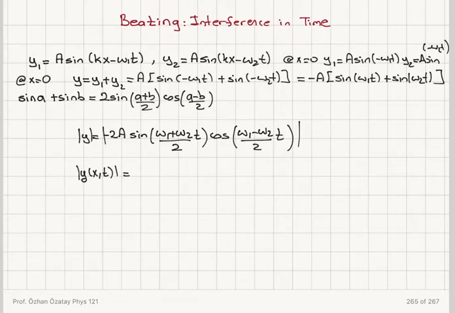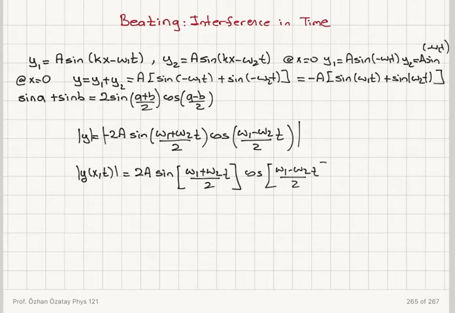So the wave function in absolute value is 2A sine((omega 1 plus omega 2) over 2 t) cosine((omega 1 minus omega 2) over 2 t). So I see that this is an oscillation that has a high frequency component, and this is a low frequency component.